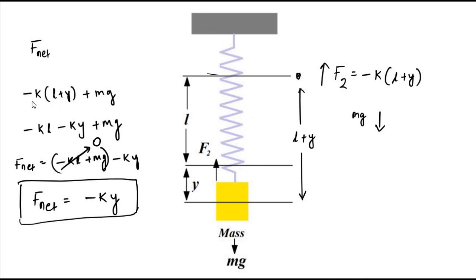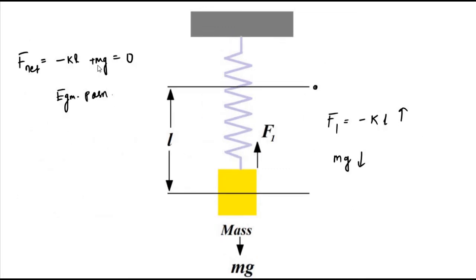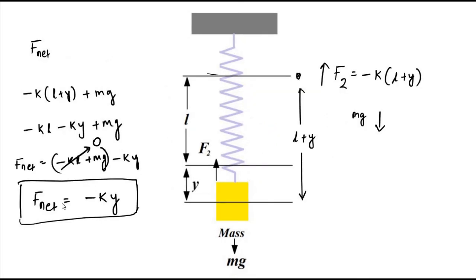In this case the total force is minus K(L plus y) plus mg. We calculated minus KL plus mg as 0, so we substituted that and got the net force acting on it as minus Ky.